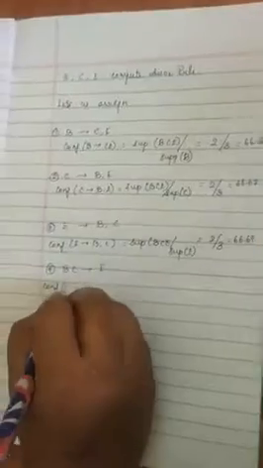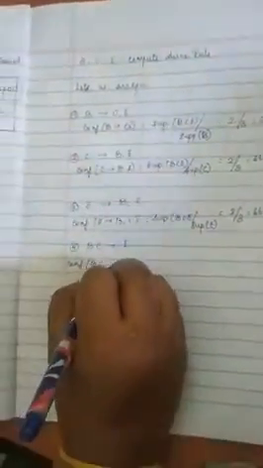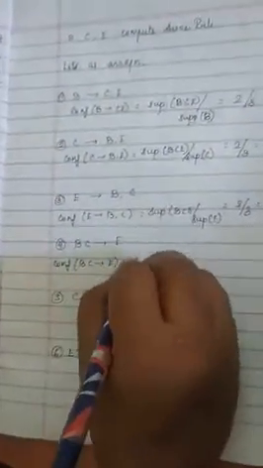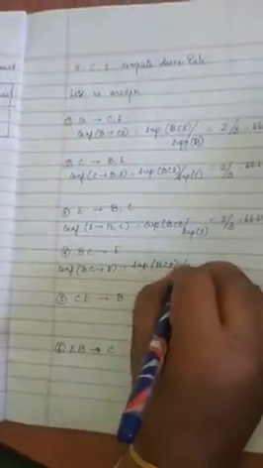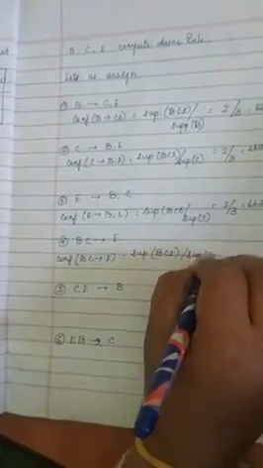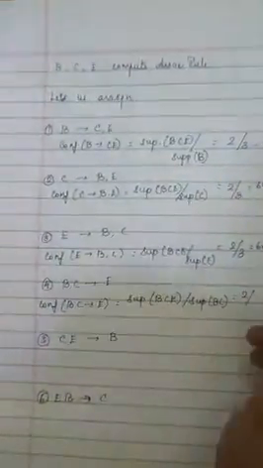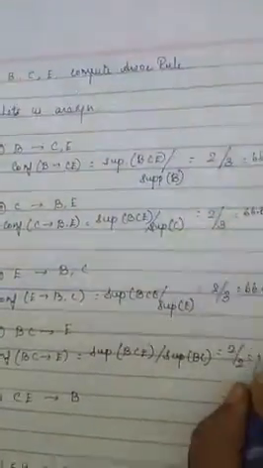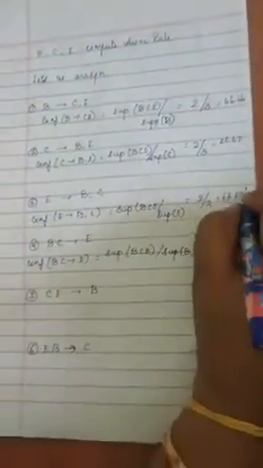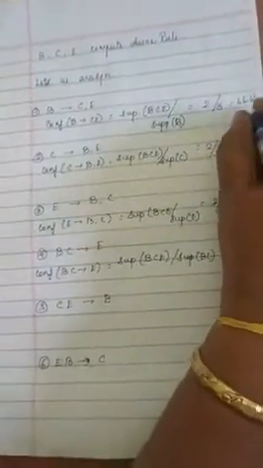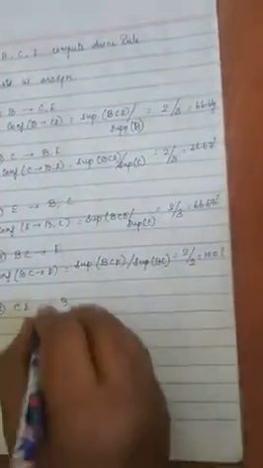Confidence of BC tends to E, support of BCE by support of BC, 2 by, now support of BC we have to find in the item set, which is 2. Support of BC is 2. So 2 by 2, which is 100%. Here I am writing everything in percentage for easy calculation.